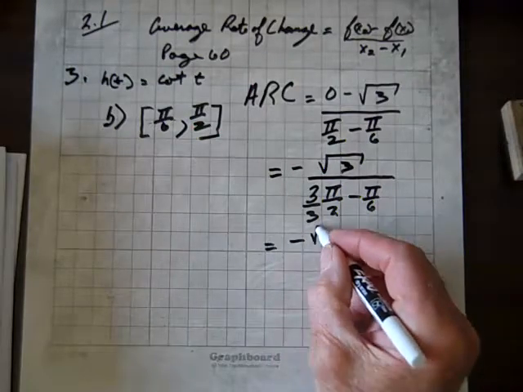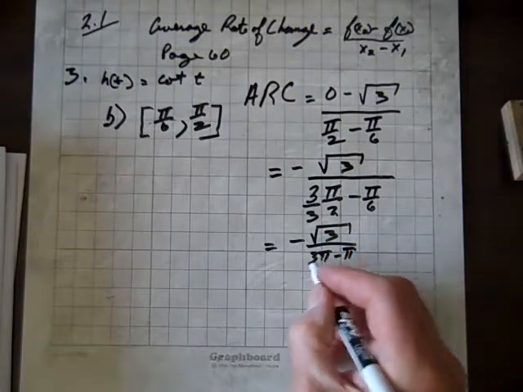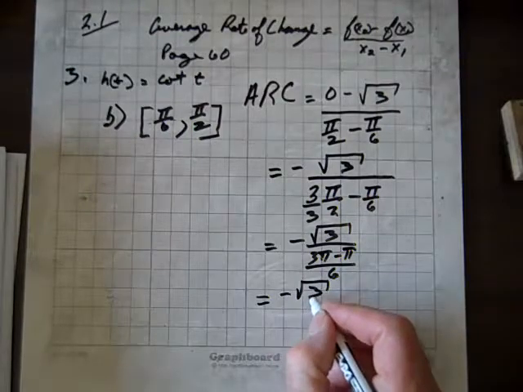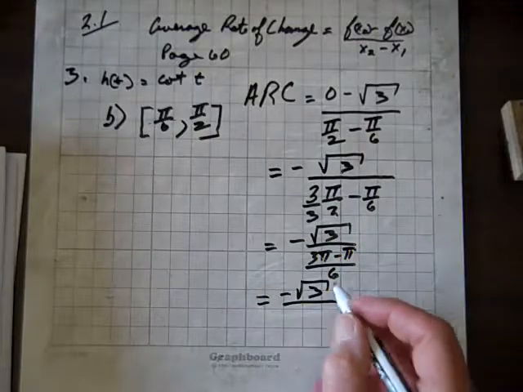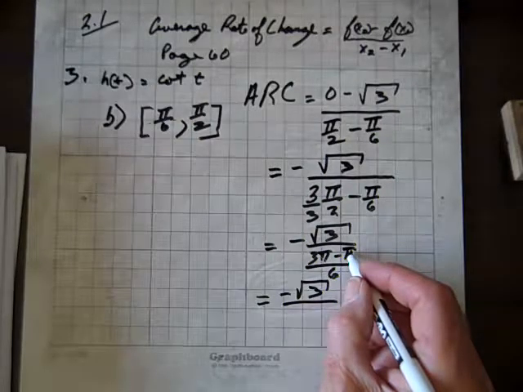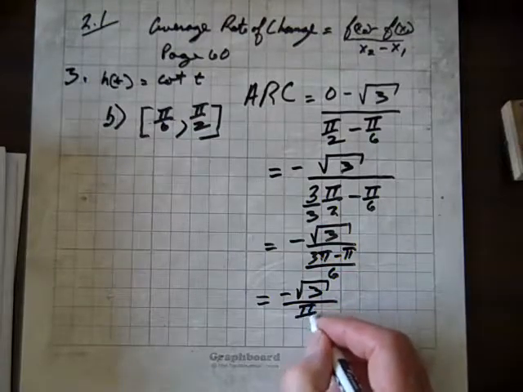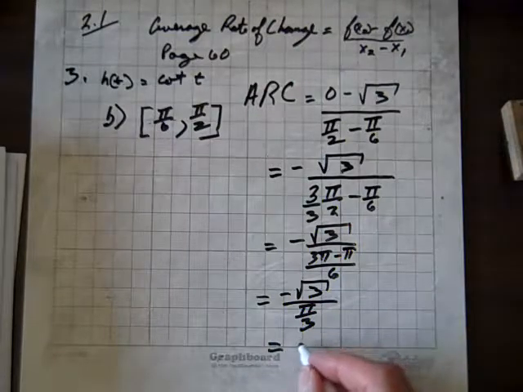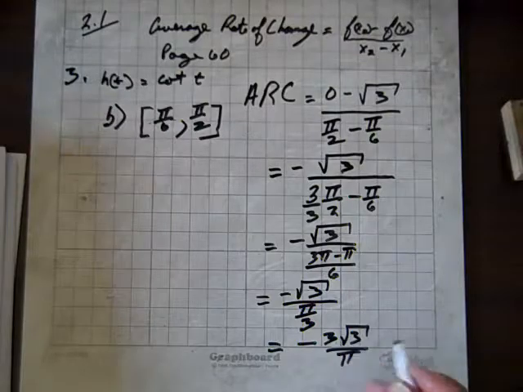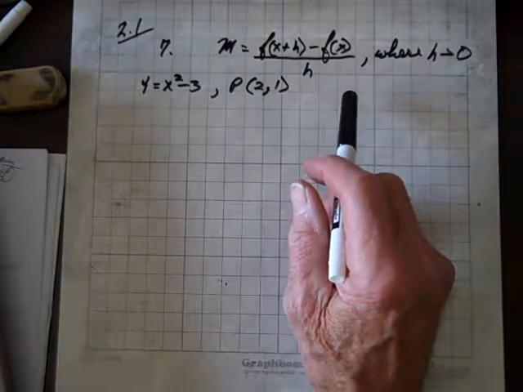And so we get minus √3 over 3 pi minus pi all over 6, and so that equals -√3 divided by, let's see, 3 pi minus pi is 2 pi, and 2 pi over 6 reduces to pi over 3, and when we invert and multiply, we get -3√3 over pi.